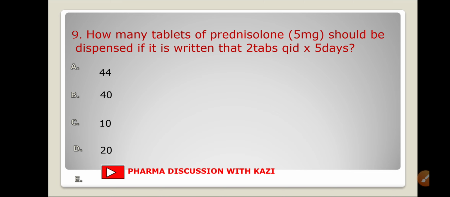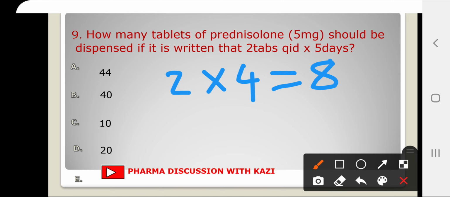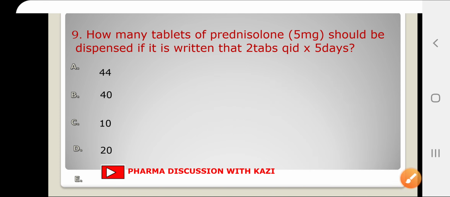Here 2 tablets QID means 2 tablets into 4, that is 8 tablets to be taken in a day. For 5 days, total tablets to be taken equals 8 into 5 equals 40. So the correct answer will be B, that is 40.